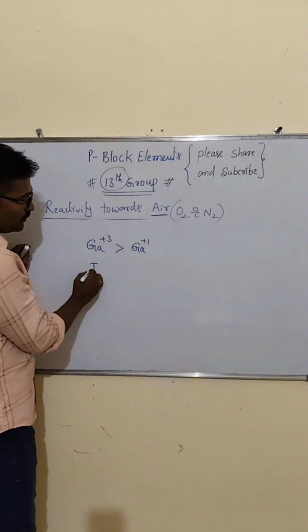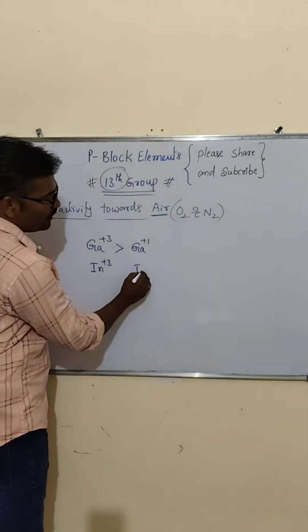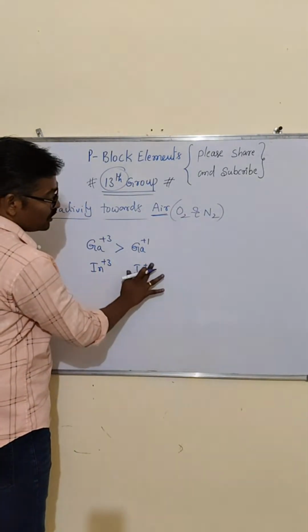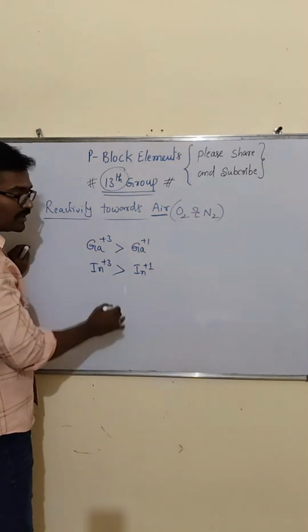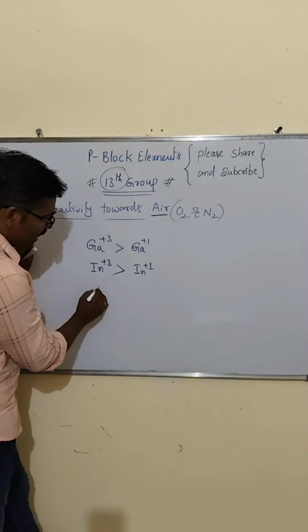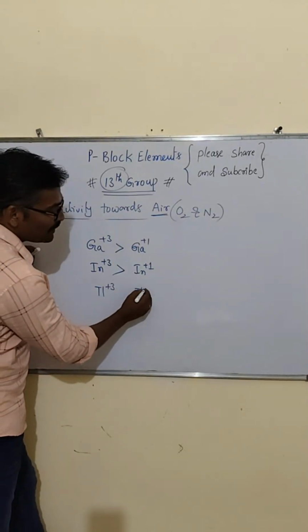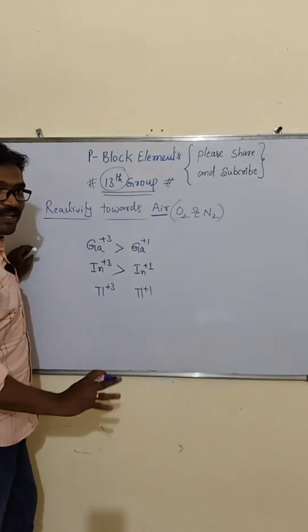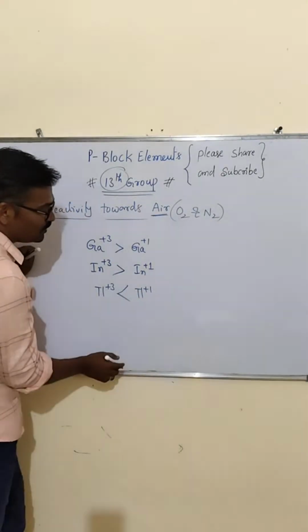Then indium +3 and indium +1, indium +3 is more stable. Then thallium +3 and thallium +1, which is more stable? Thallium +1 is more stable.